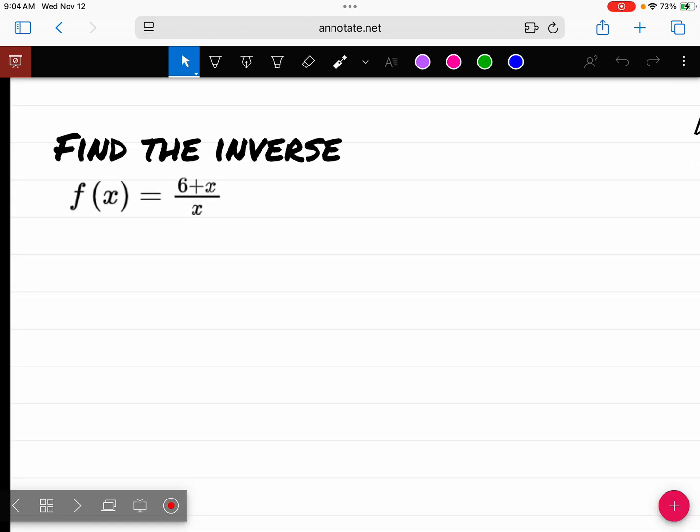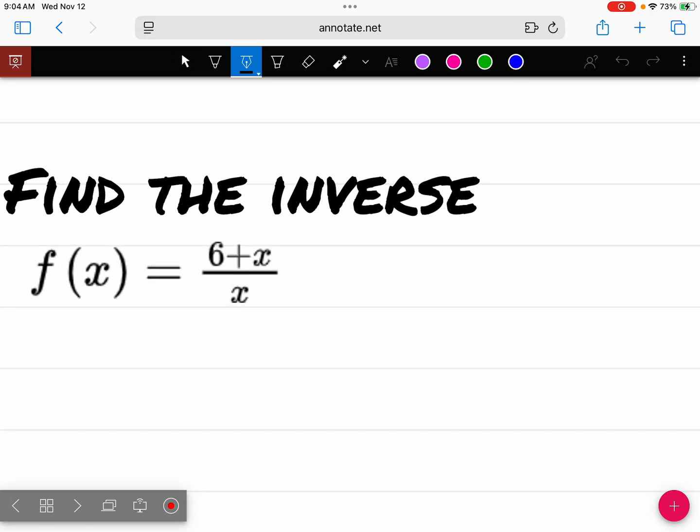All right, we are going to practice writing some more inverses. So we're going to find the inverse. Our first one up here, we've got our f of x equals 6 plus x over x. When we're writing our inverses, first thing we want to do is switch it out of its function notation so that we have x's and y's.